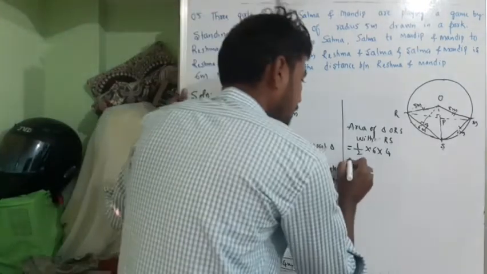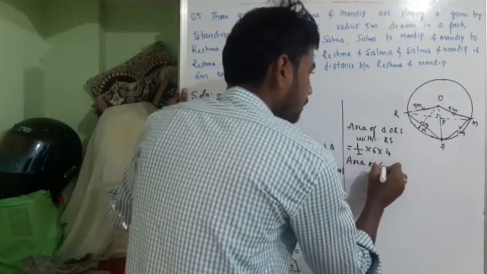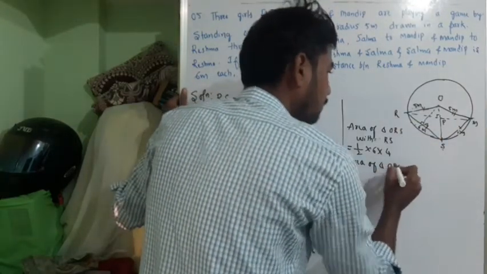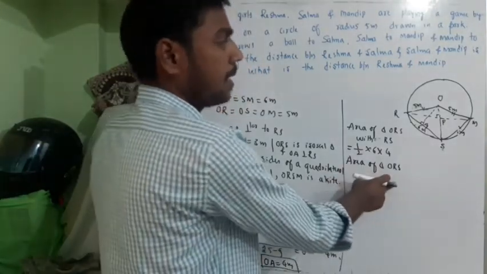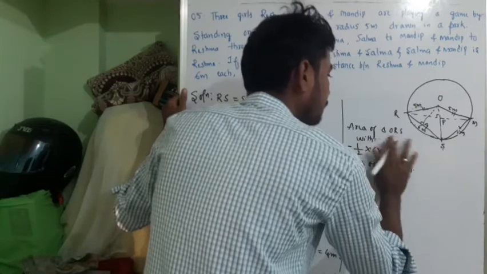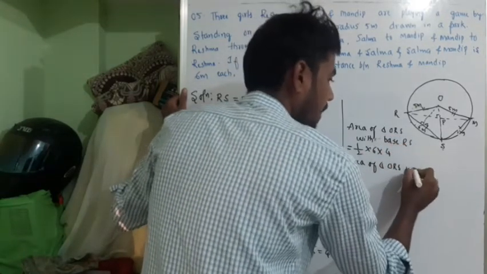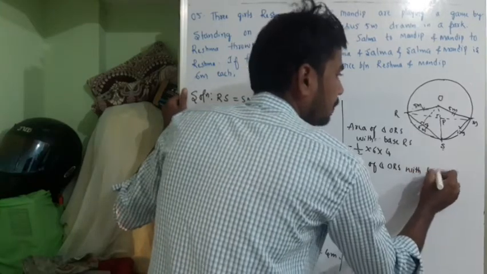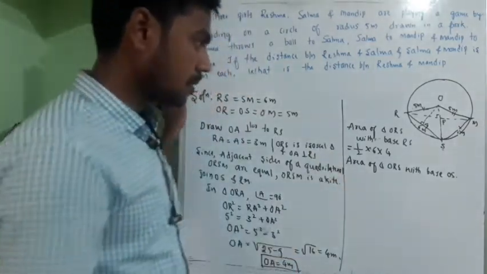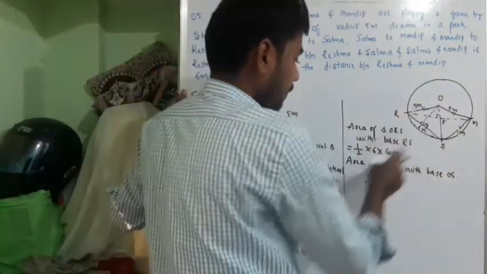Next, area of triangle, same ORS. Area of triangle ORS with base RS. Here also with base OS. Now, where we are now?